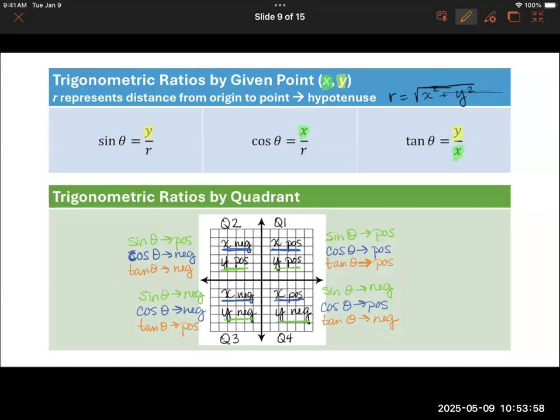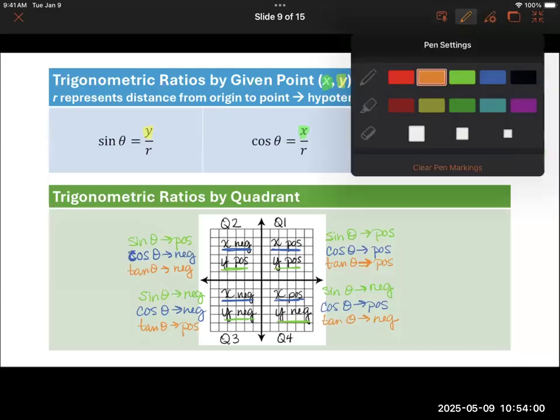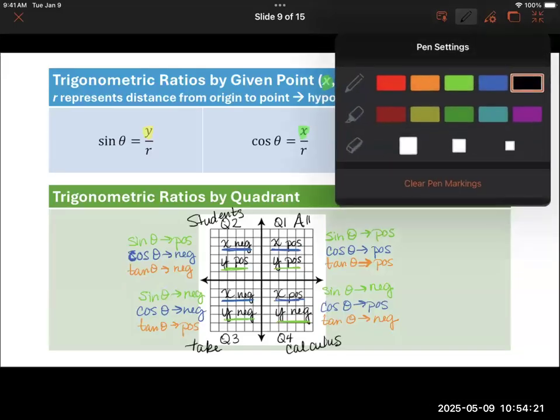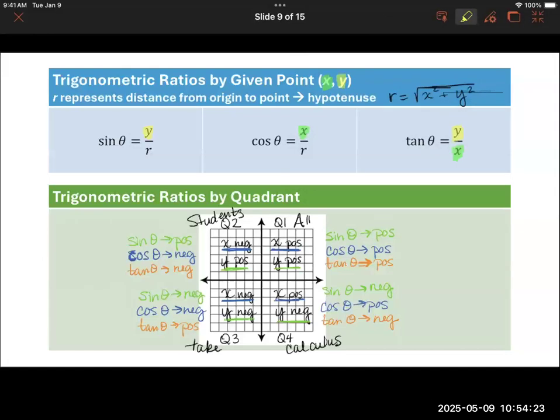And if you want a quick mnemonic that will help you to remember that, you can use the mnemonic: All Students Take Calculus. Not that they have to, but that's the saying you can use. Use the first letter.